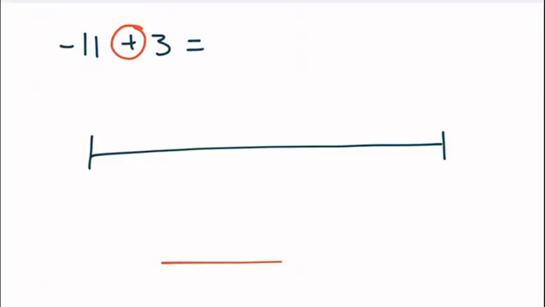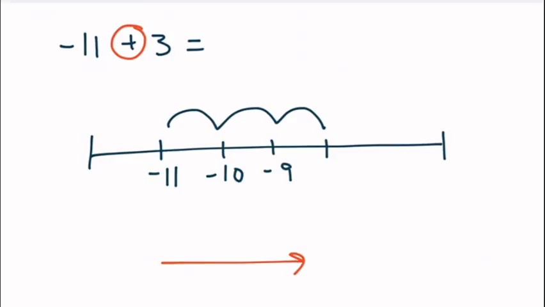So that means we are moving to the right of the number line. So let's plot -11, and we're moving to the right 3 times. 1, 2, 3. And that's going to be -10, -9, -8. So -11 plus 3 is -8.